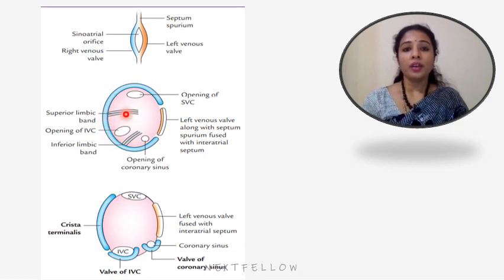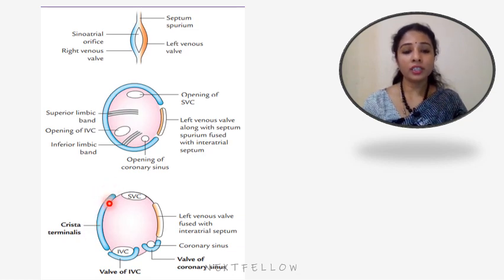enormously, and it also forms the valve of the inferior vena cava. Here is the opening, so it forms the valve of the inferior vena cava, and the upper part forms the valve of the superior vena cava, and the inferior most part forms the valve of the coronary sinus. We can see the valve of the superior vena cava, valve of the inferior vena cava, valve of the coronary sinus, crista terminalis.